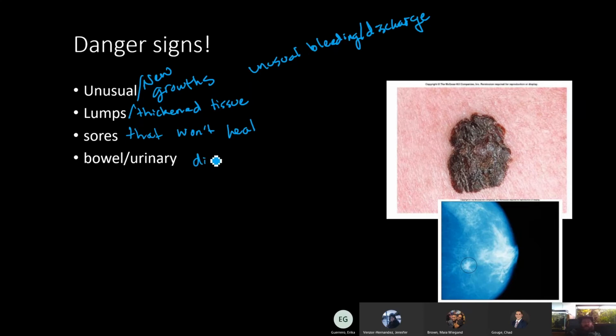Bowel or urinary dysfunction. So for instance, colorectal cancer, pretty much you get tons and tons of diarrhea. So often we're talking about sudden changes, things that aren't explainable by getting a virus or an infection or a bacterial infection, right?